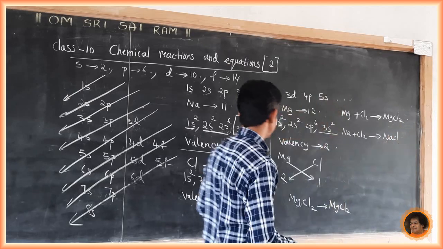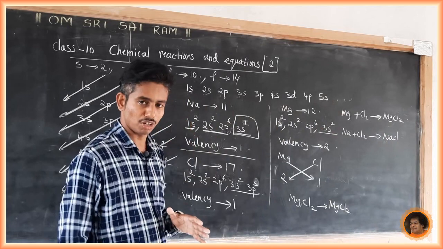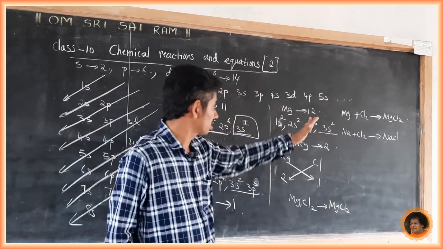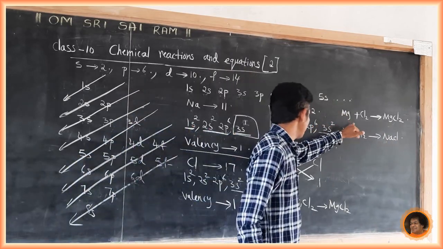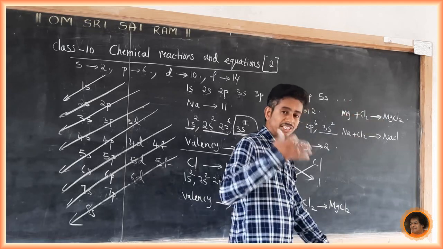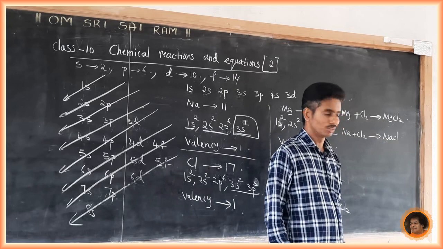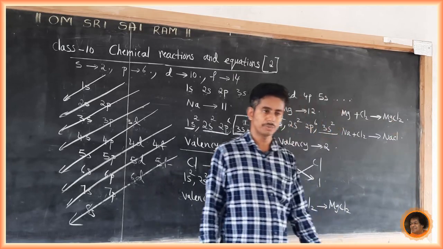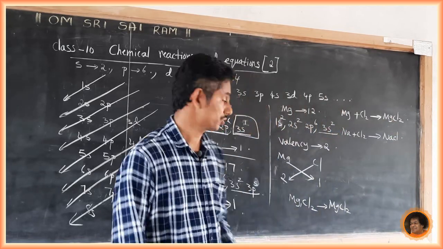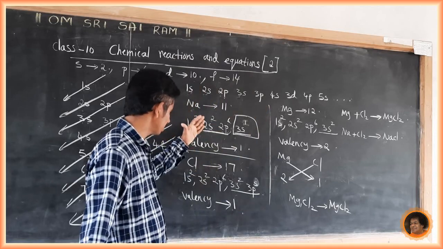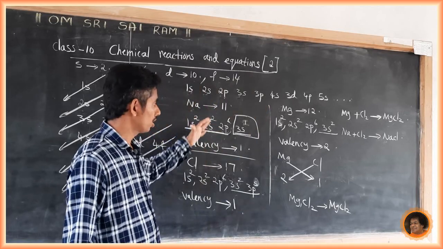Why this difference? Because of valency. This is the answer for why MgCl2, why NaCl. Can I write NaCl2? Now tell me. No. Can I write MgCl3 instead of MgCl2? No, because there is a reason, that is valency and electronic configuration.